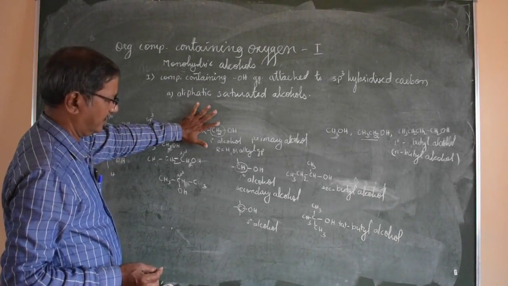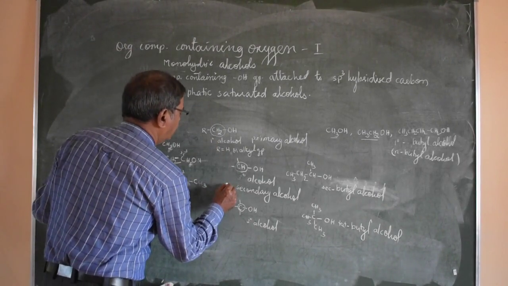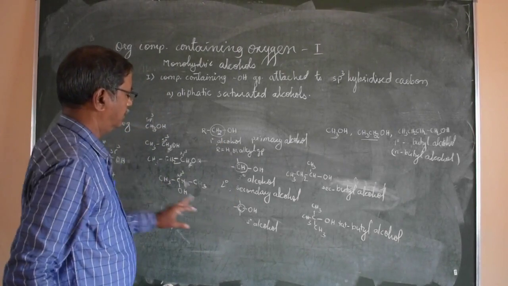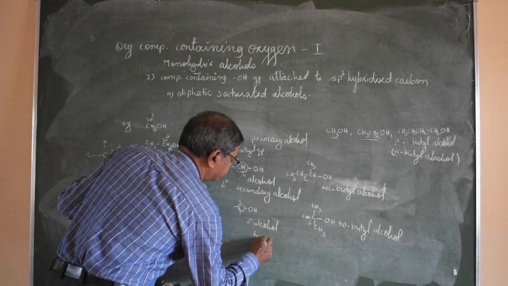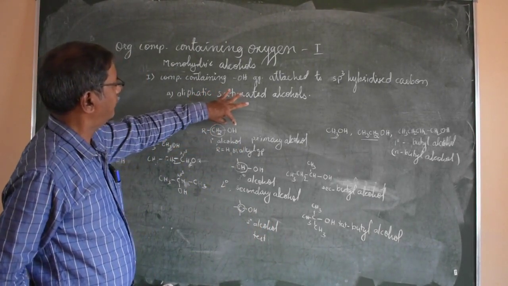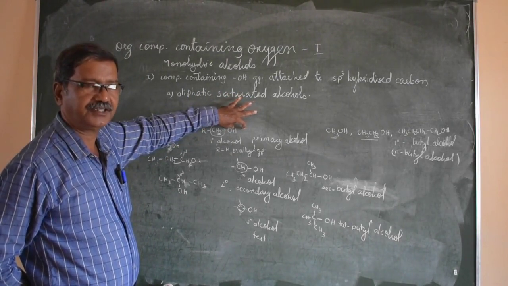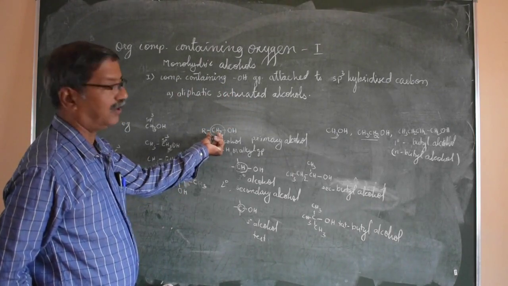Primary or 1 degree, secondary or 2 degree, then 3 degree or tertiary. How to identify? To identify primary, let us see the OH group or functional group attached to which type of carbon. This is called primary carbon or CH2.